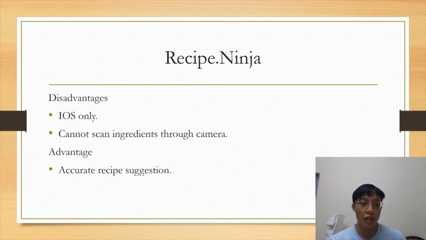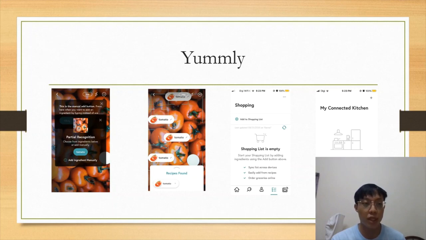The advantage is that it provides accurate recipe suggestions, meaning it only suggests recipes that you can cook using the ingredients that you added, and will not suggest other recipes that require additional ingredients.